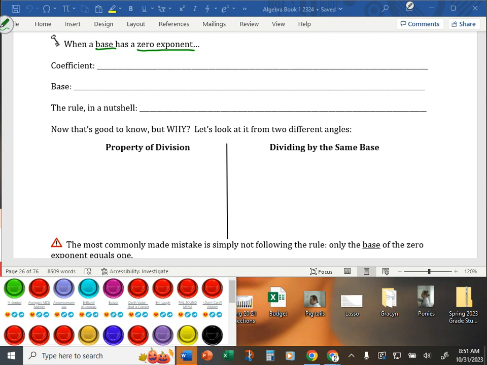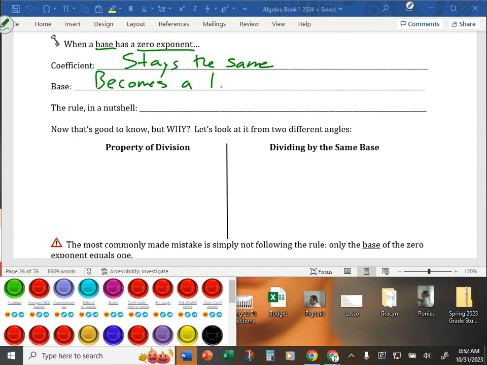In this rule, the coefficient stays the same, and the base with that 0 power becomes a 1. We're going to explain that.